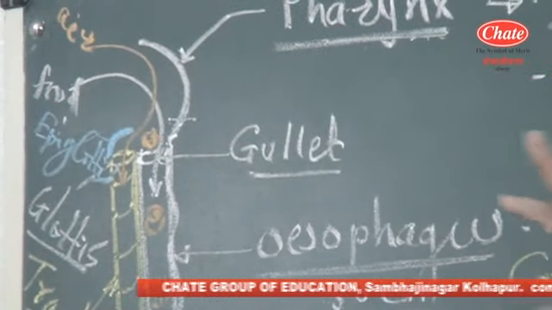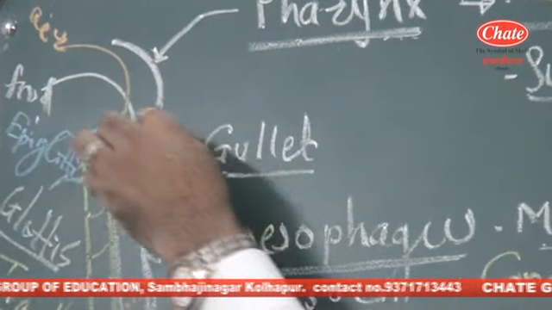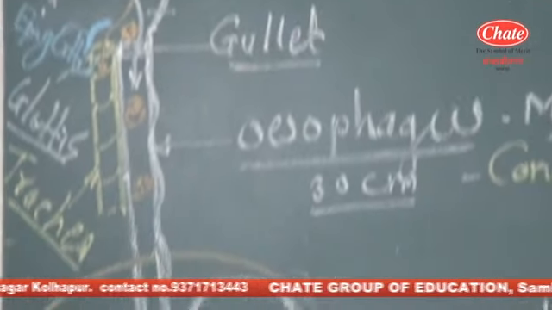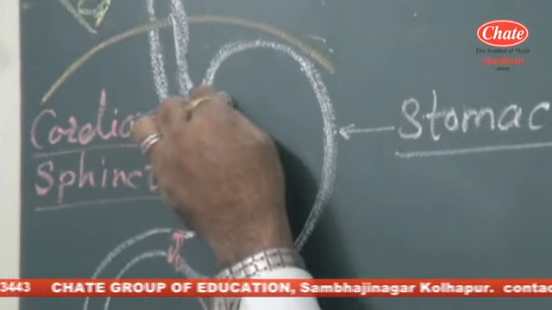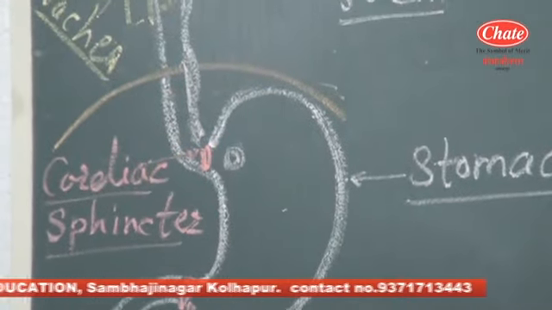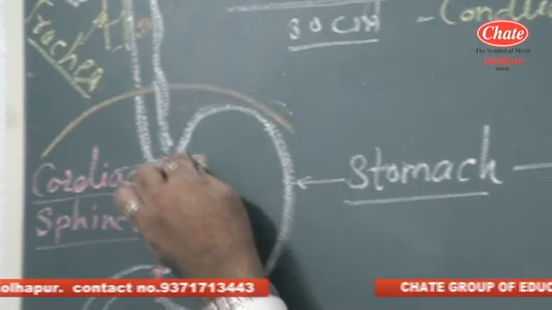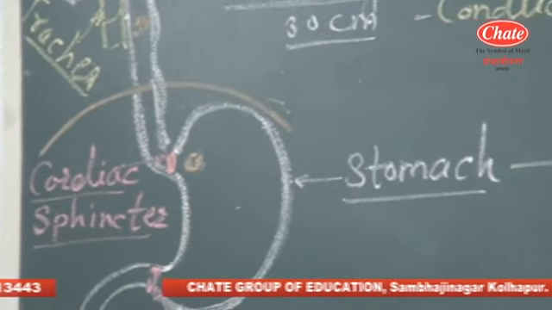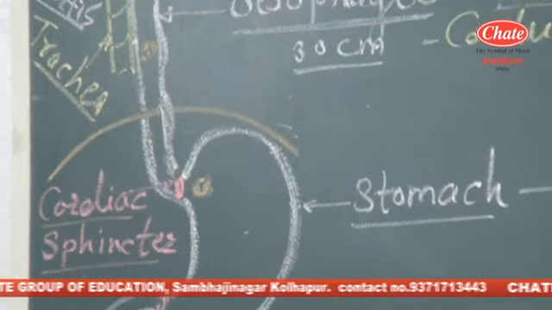And this esophagus transfers the food bolus from pharynx to stomach. As a result of swallowing or deglutition process, this food bolus enters into the stomach. So this is the function performed by the esophagus.